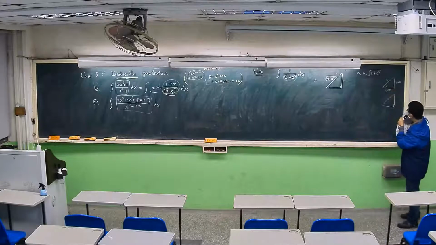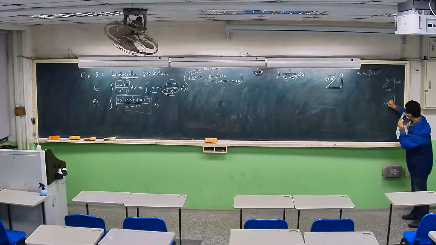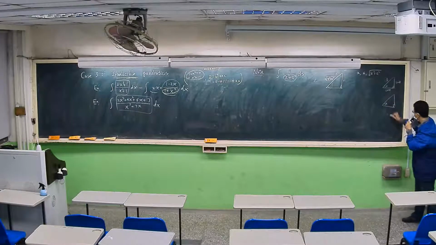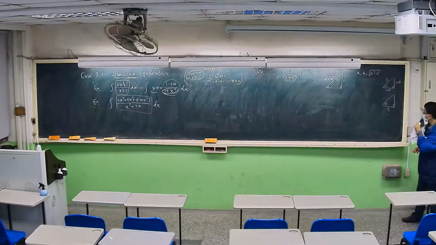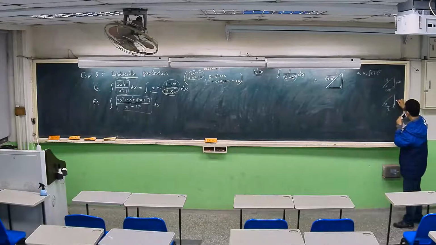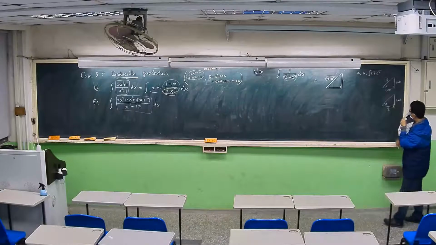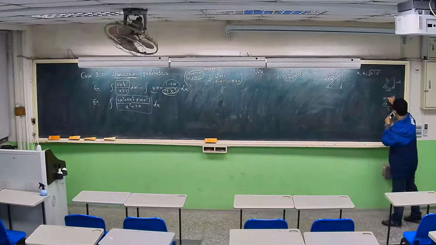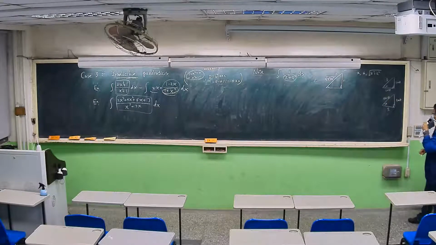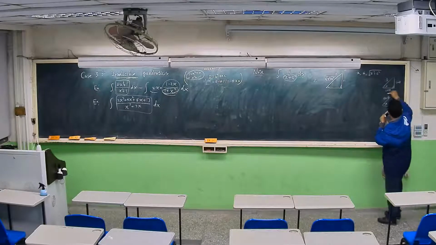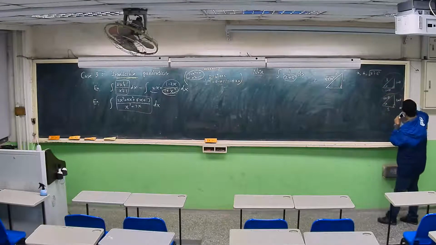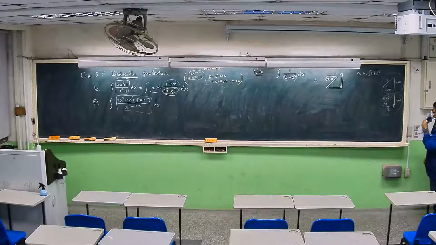In this other case, let theta be this angle and we let the adjacent be 1. Then the opposite is tangent and the hypotenuse is secant. I will always use these two right triangles to explain this kind of question.